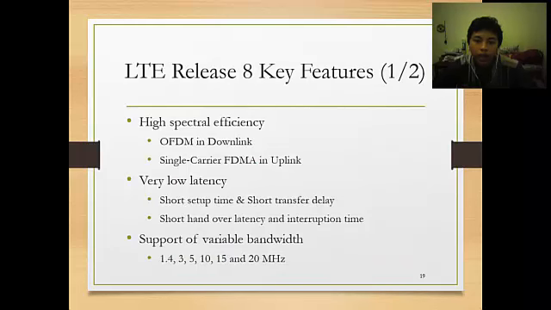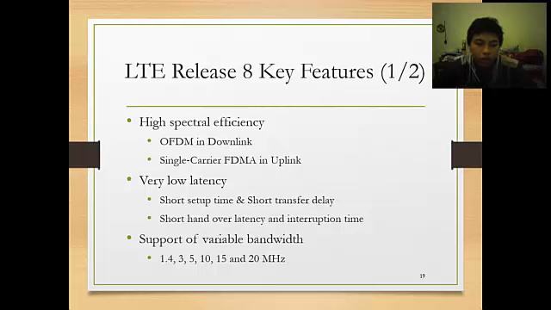LTE Release 8 features: Number 1, high spectral efficiency, with OFDMA in downlink and single carrier FDMA in uplink. Number 2 is very low latency, short setup time, short transfer delay, and short handover latency and interruption time.